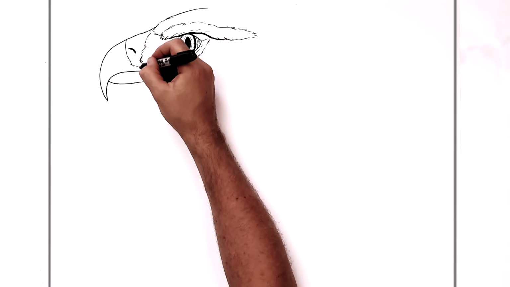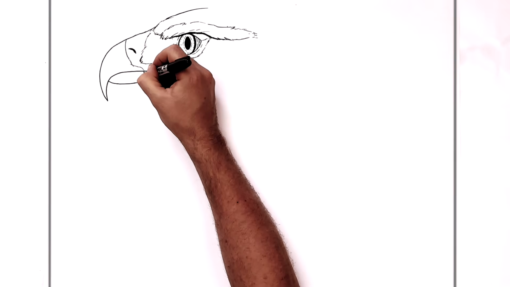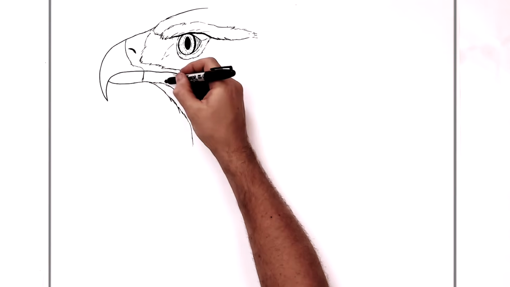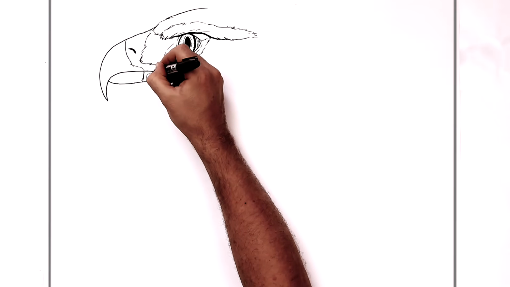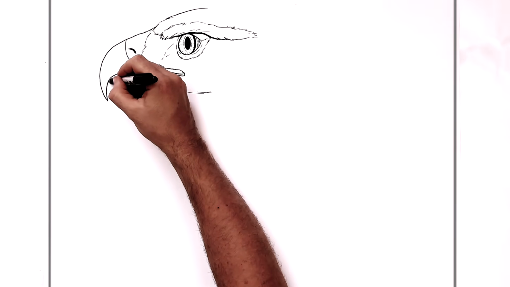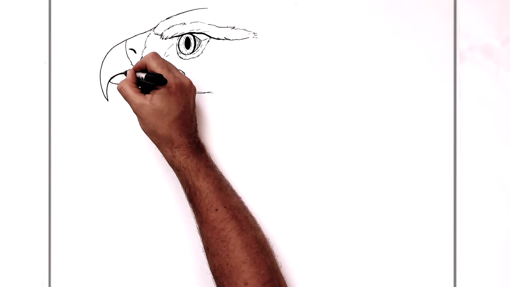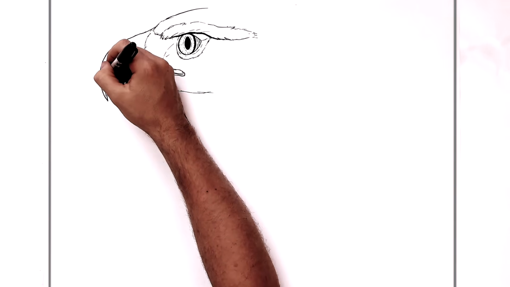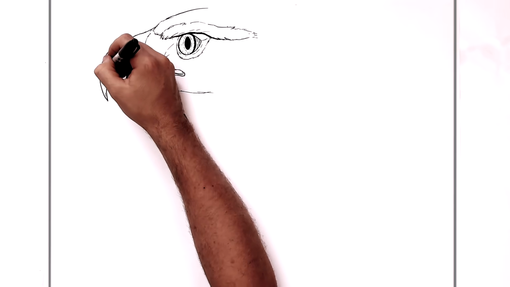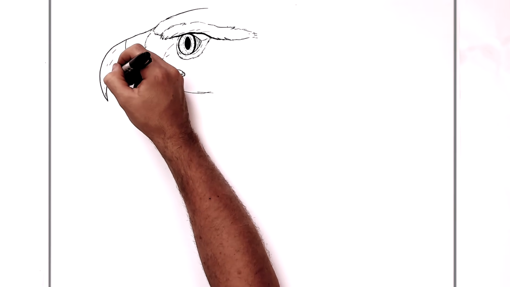And then we have to do a grey line separating the sections there as well. And then some more of his bottom lip. Right, so his beak can have texture on it as well if you want, like sort of lines like this.